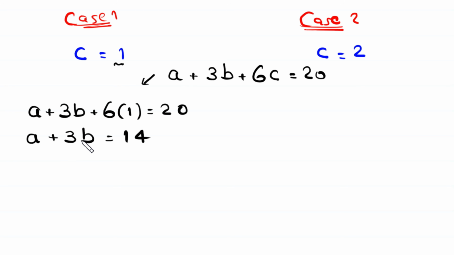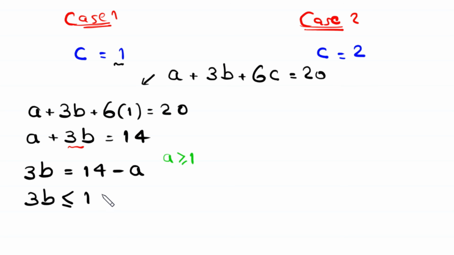Now we minimize this variable b, so this can be written as 3 times b is equal to 14 minus a. Since a is a positive integer, a is greater than or equal to 1. So we can bound this variable b: 3 times b is less than or equal to 14 minus 1, and this implies that b is less than or equal to 13 divided by 3.